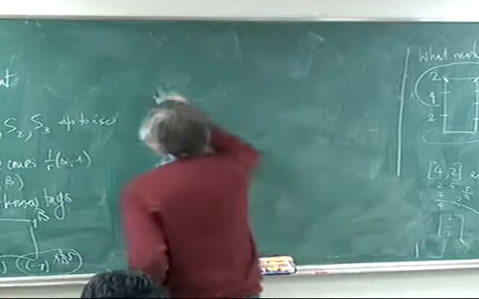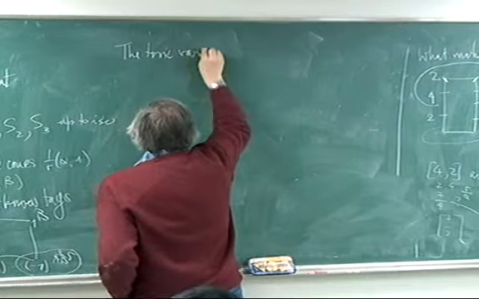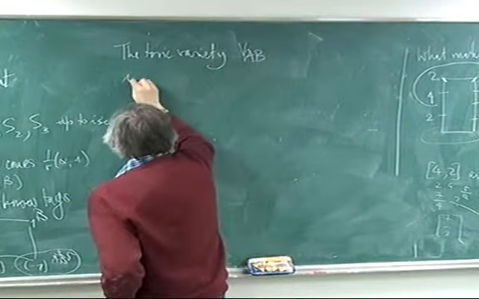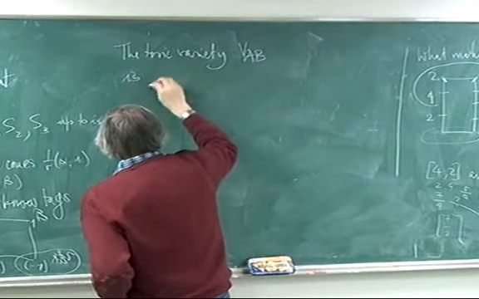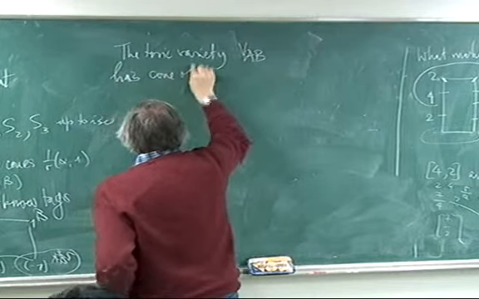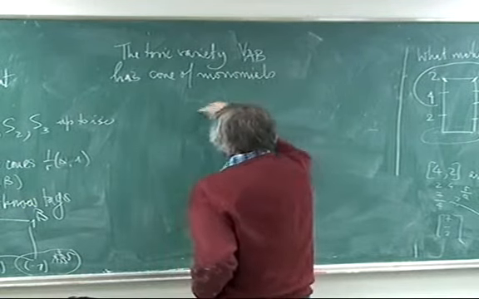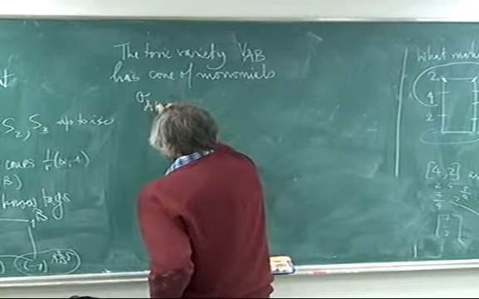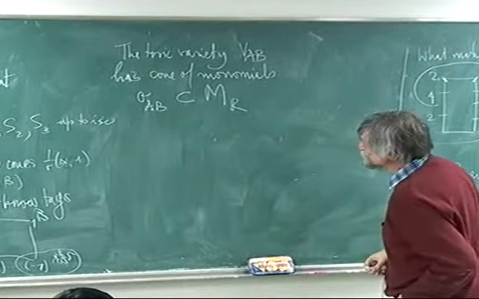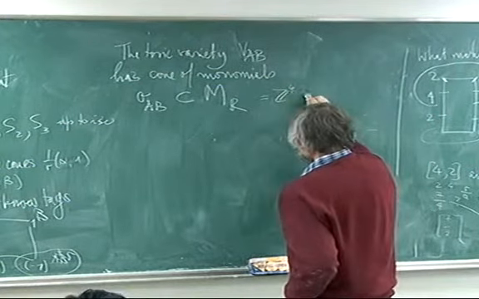Right, and the toric variety VAB has cone of monomials sigma AB in MR. Right, so this is Z4 obtained as follows.